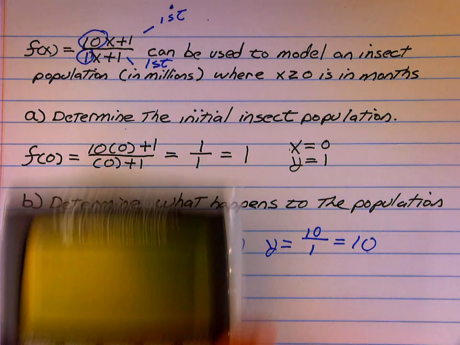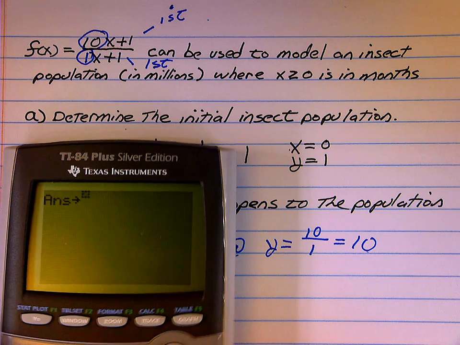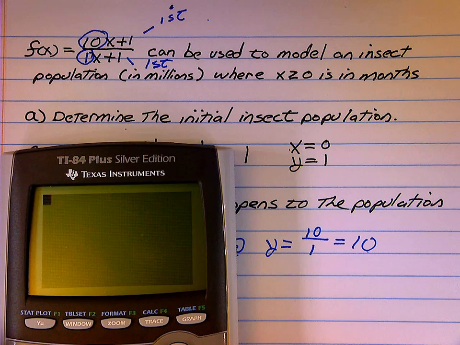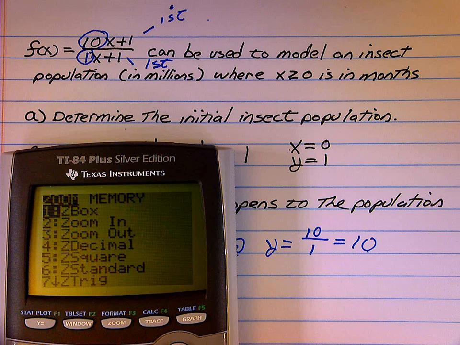Let's take a look at that on a graph. First thing I'm going to do is go ahead and plug in the formula. Parentheses 10x plus 1 divided by x plus 1. I'm going to start with a zoom standard to begin with.